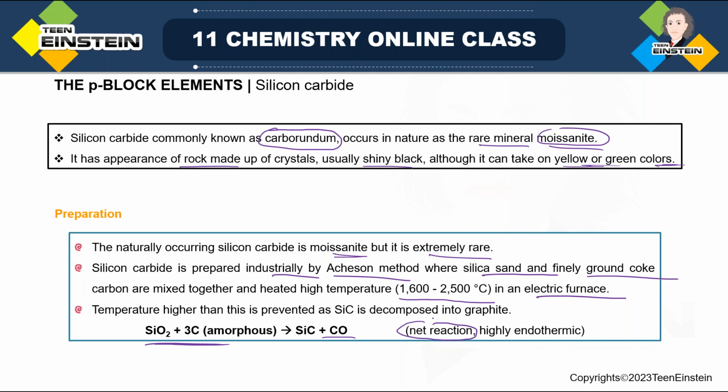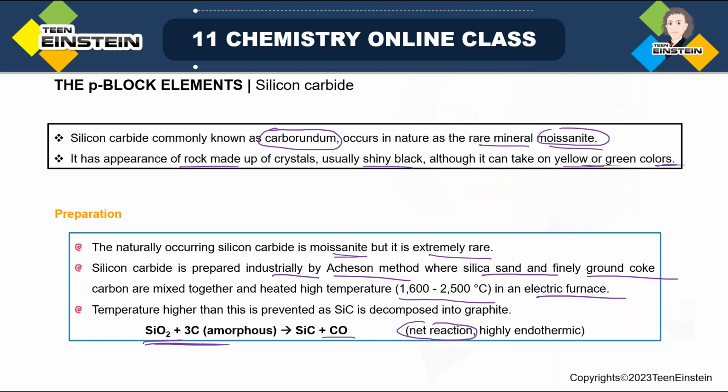And this is a highly endothermic process. Why highly endothermic? Because you know SiO2 is inert in nature, it doesn't take part in reaction very easily. So if you want SiO2 to react, obviously you have to provide very high temperature, and this process requires a lot of temperature, so it is an endothermic process.